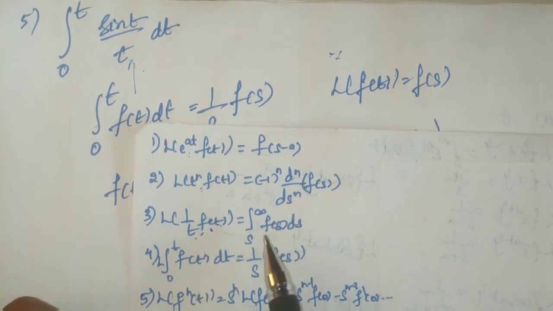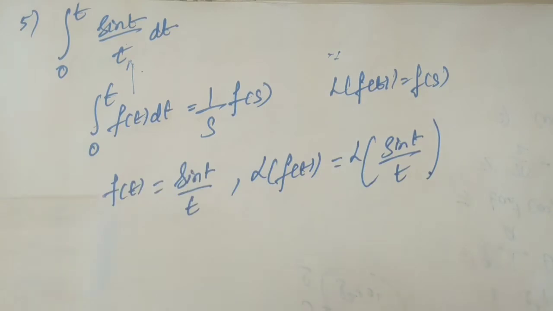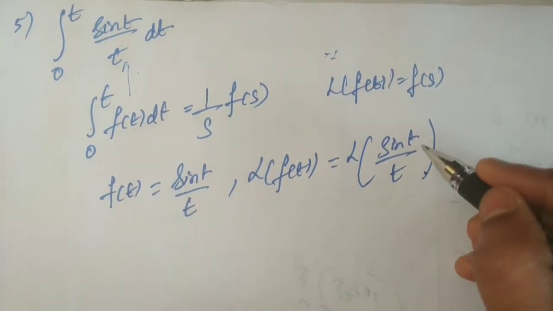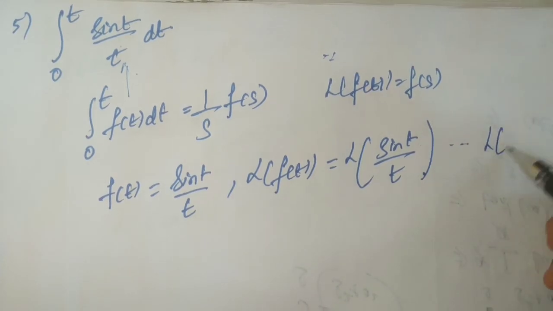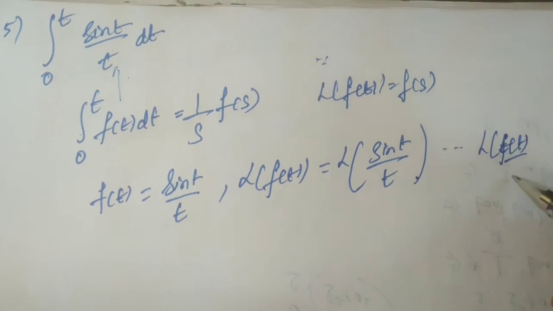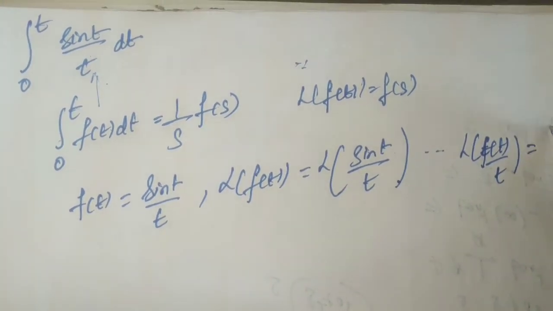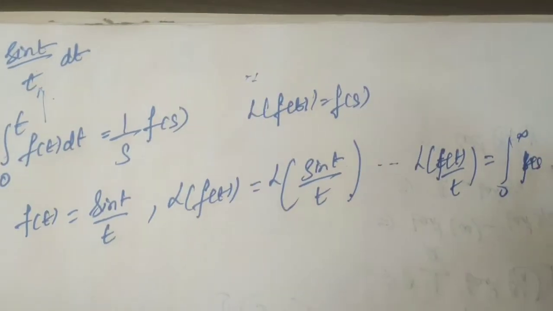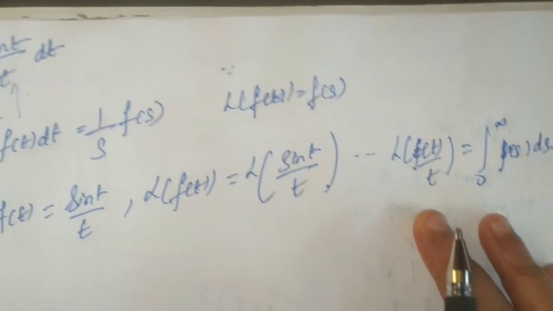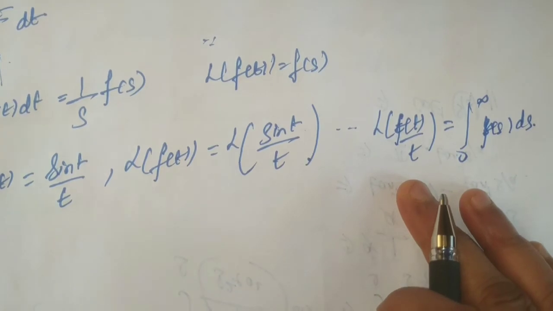How to solve it? By integrating it. So to get f of s here, you have to integrate it. So here we will use Laplace transform of f of t by t, which is equal to integral s to infinity f of s into ds. This formula we'll use.